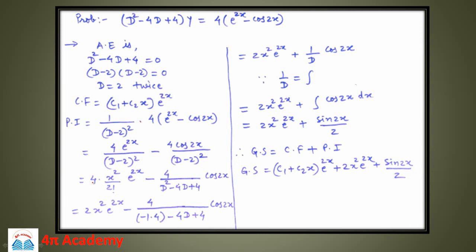Now here the first term is of the form 1 upon (d minus a) raised to power r. Since 4 is a constant, it will be x raised to power 2, because here r is 2, so it is x square divided by 2 factorial into e raised to power 2x.